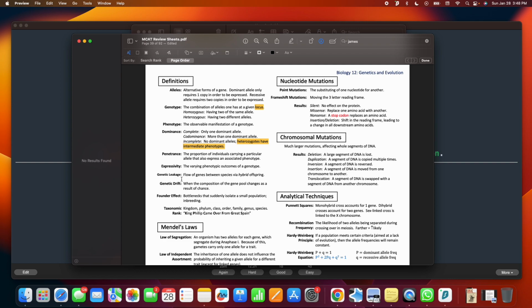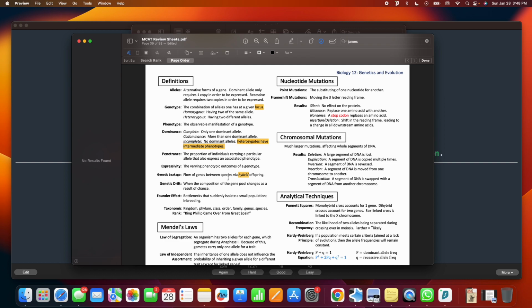Then we have genetic leakage, which is the flow of genes between species via hybrid offspring. We have to see what a hybrid offspring is. But it is the flow of genes between different species with hybridization.